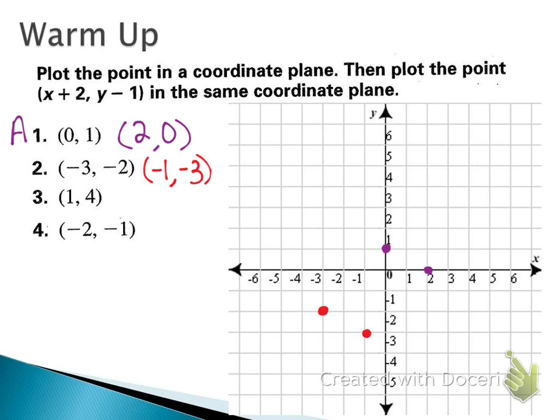Okay, next up, we've got the point 1, 4. Where is that? Right 1, and then where? Up 1. Good. And if we change it, what does it become?